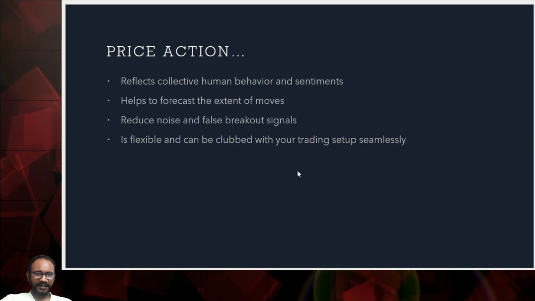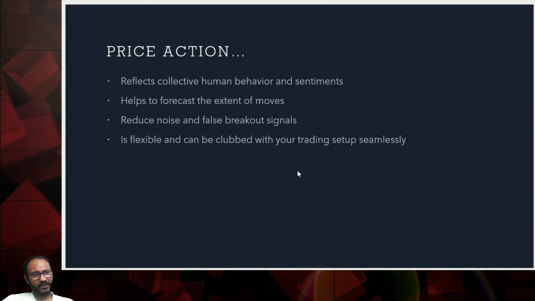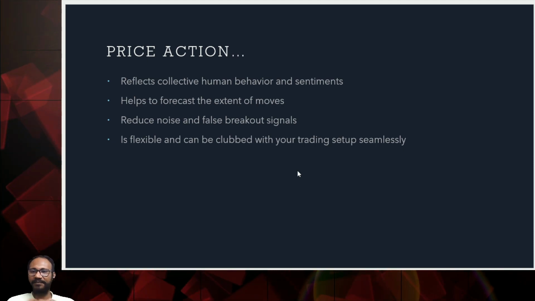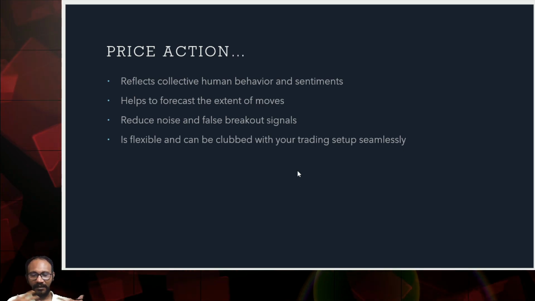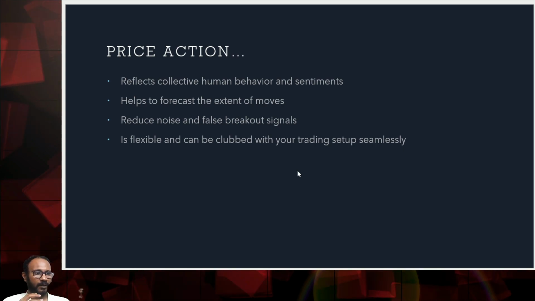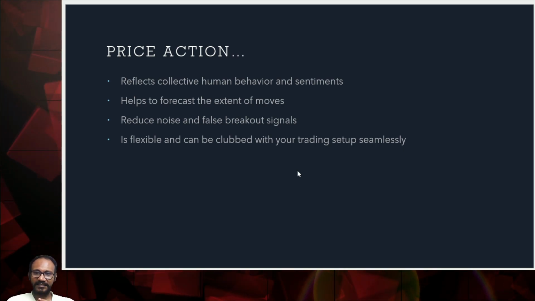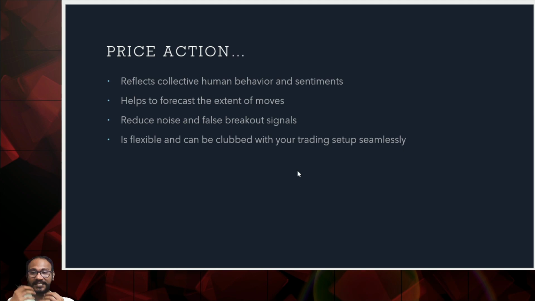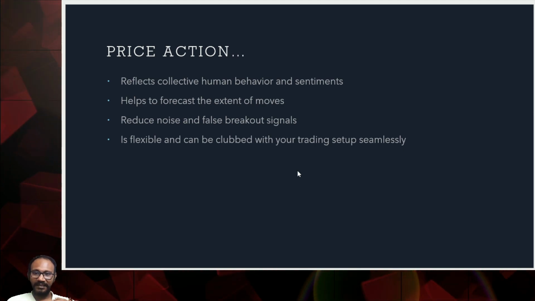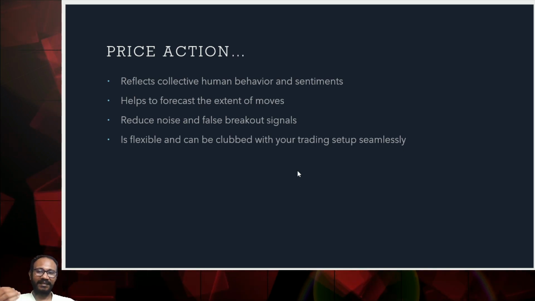Price action essentially is consolidating human behaviors and how the market is being perceived. What are the sentiments of the larger part of the people in the market? Also, it helps us to forecast not only the direction, but the extent to which it can move, right? It's not just uptrend or downtrend. It can also say till where it can go, right?